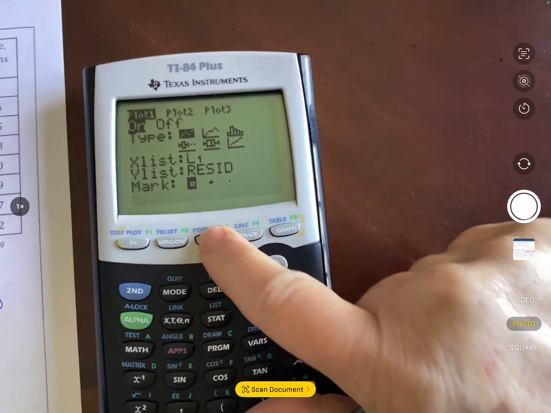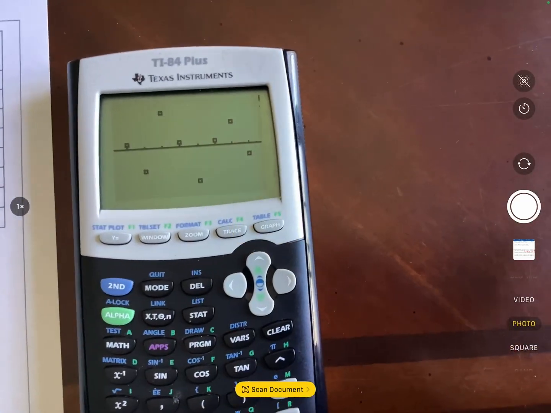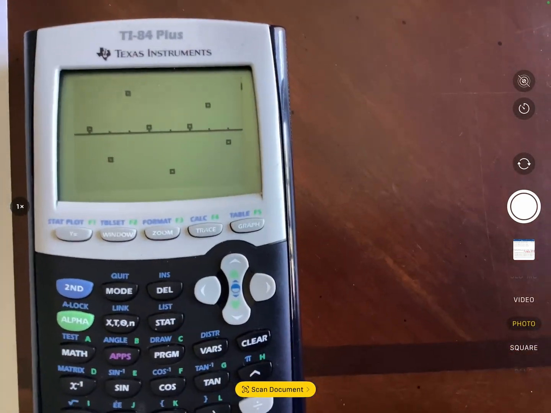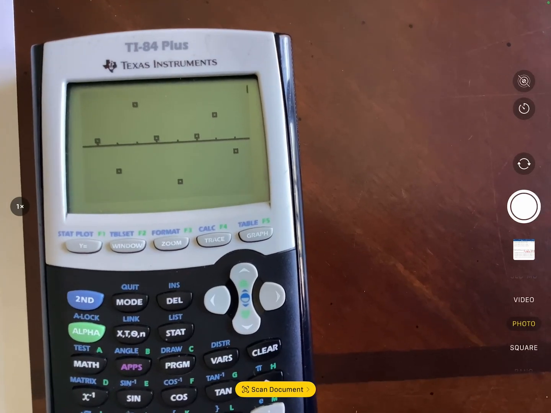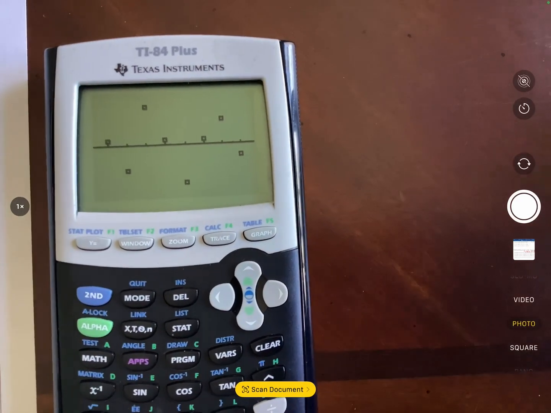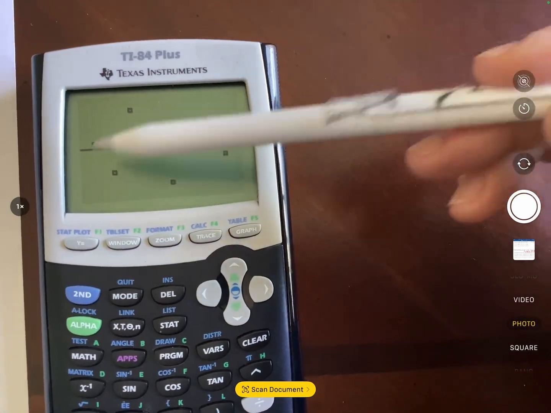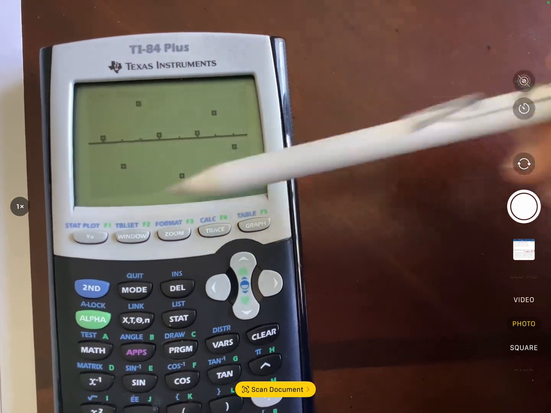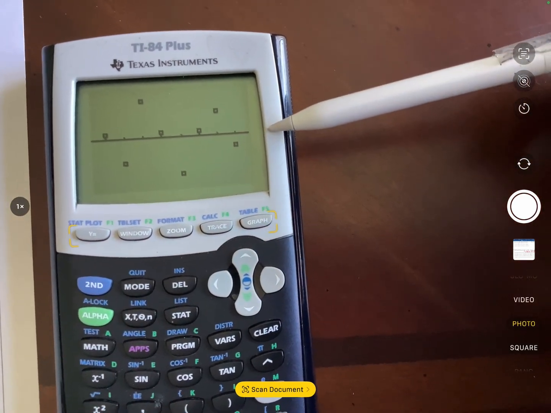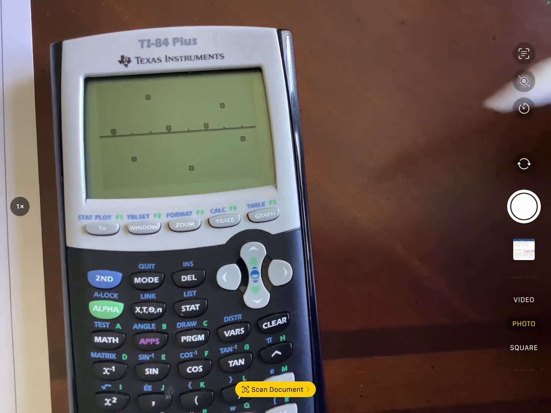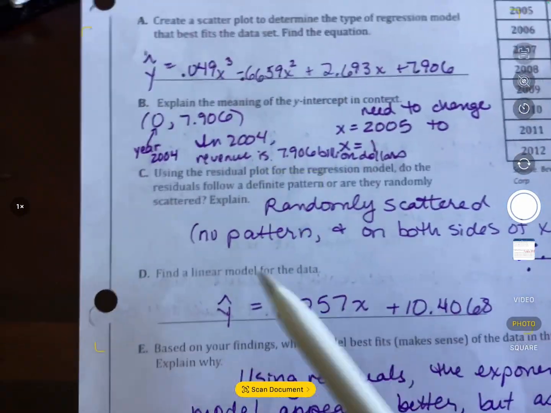And then you just hit zoom 9. Right, there's my residuals. We see that it is randomly scattered, fairly equal points on both sides of the x-axis. No pattern is always what you want for residual plots. So we know that that is good, and that's what I wrote.